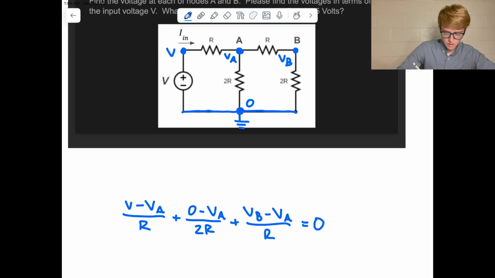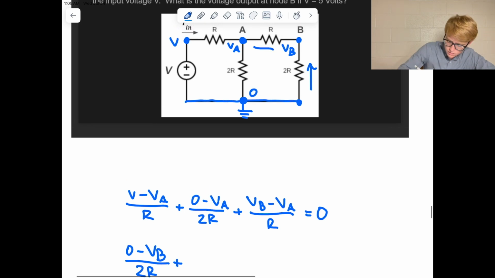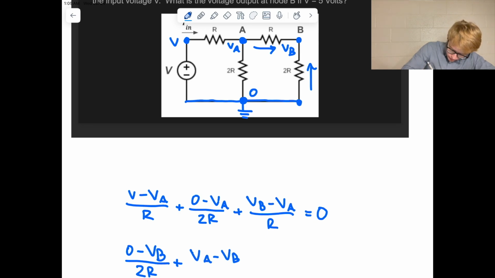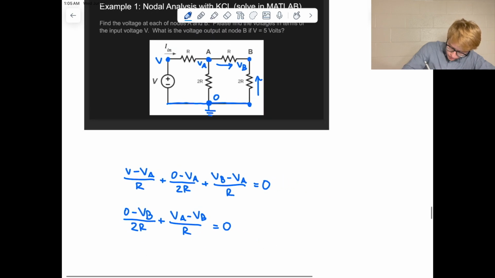So let's do that for B. So let's go a little faster here. So for B, I'm going to start with this. So we have 0 minus VB over 2R plus, and then let's go here, VA minus VB over R equals 0.